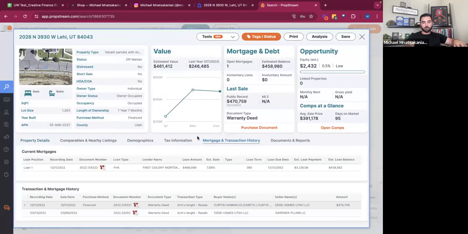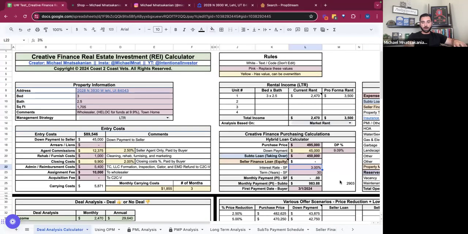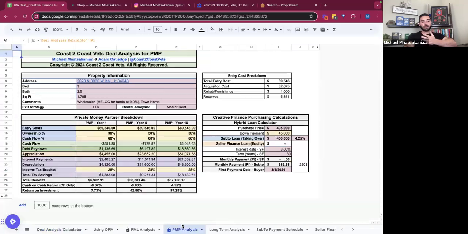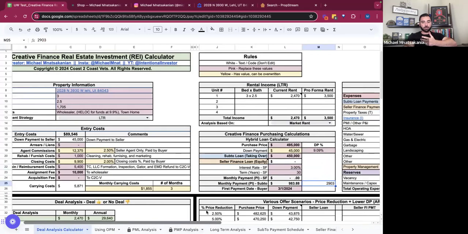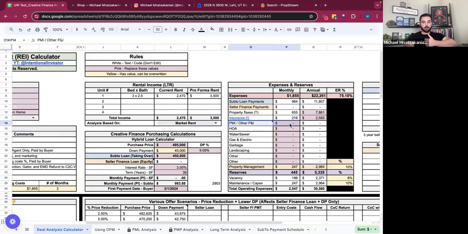So, let's get rid of their info. As an FHA loan, first of all, that means there is mortgage insurance. Of this 2,903, that is a combination of your principal and interest payment on your loan, taxes, insurance, and PMI, or private mortgage insurance, which I have listed right here as an option.